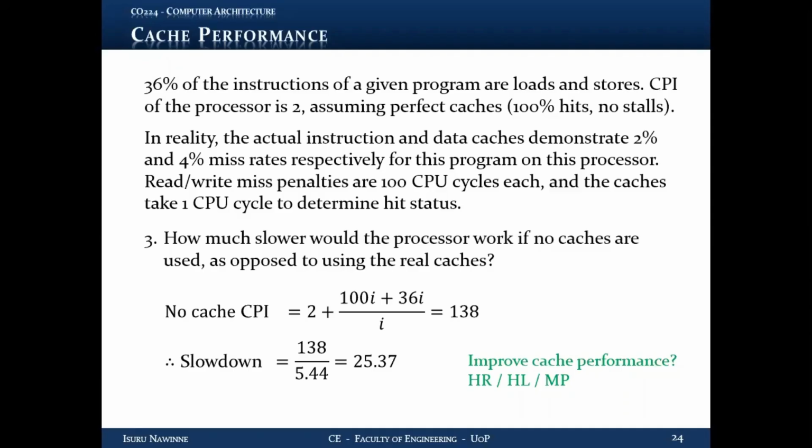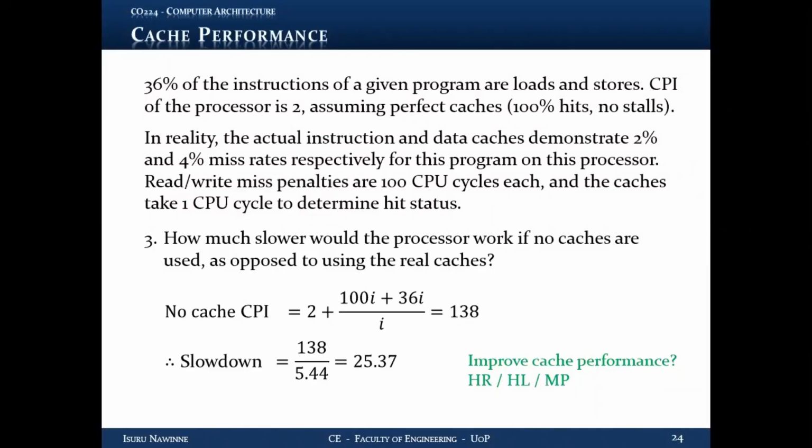So if you have a larger number of cache blocks, more entries in the cache itself, then the size of your index field also increases, meaning you have more entries in the cache and a lesser number of mappings to a single cache entry, right? So the chance of a conflict occurring is less now with a larger cache, right?